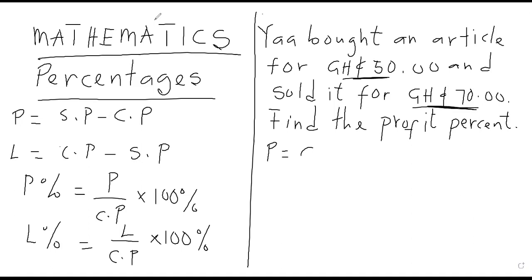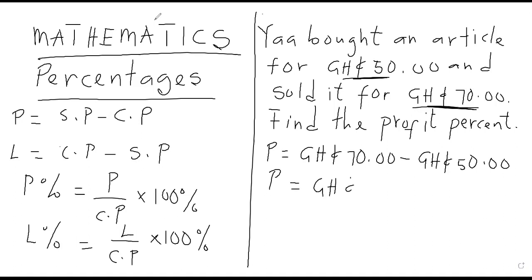So that should be 70 Ghana cedis minus 50 Ghana cedis, and that'll give you 20 Ghana cedis. So that's the profit. But I want a profit percent.